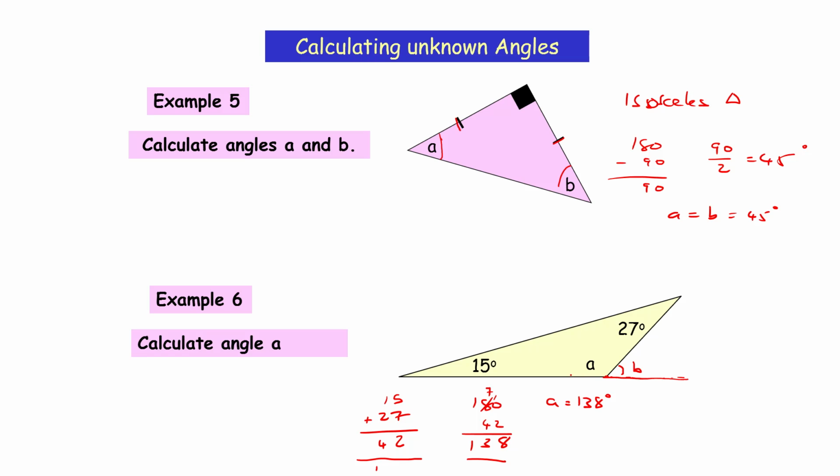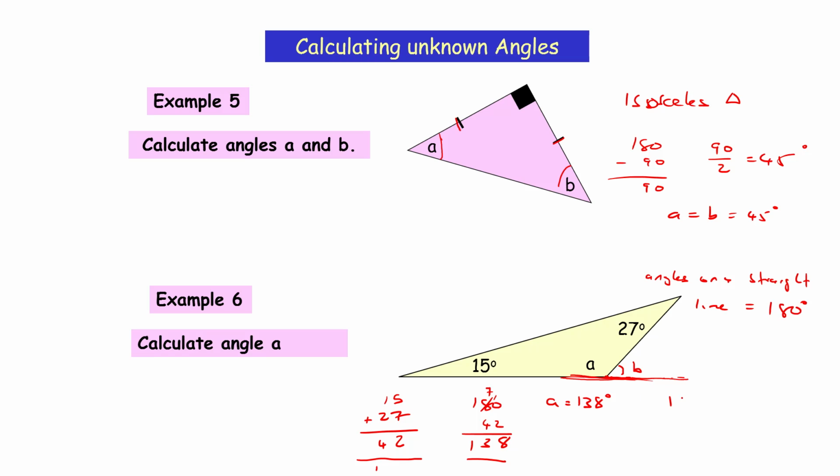How do I find B? If this is a straight line, how do I find B? Well, you know angles on a straight line add up to 180 degrees.